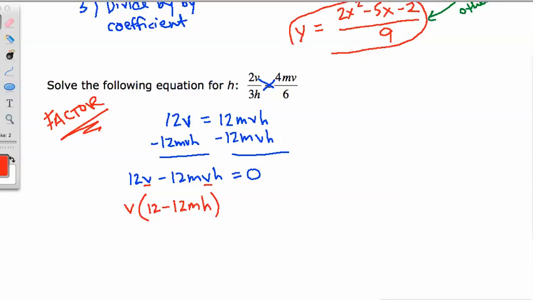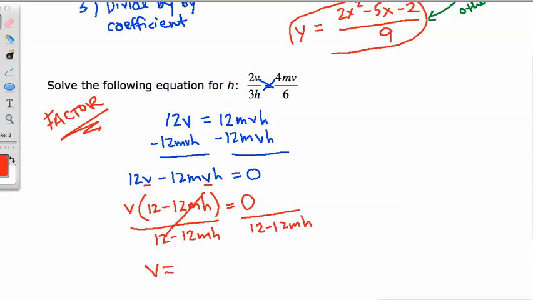So notice I just took a v out of every term. Equals 0. And then to get rid of this big parenthesis, we can just divide by it on both sides. Okay, that cancels there, and we've got v equals, well, 0 divided by anything is just 0.